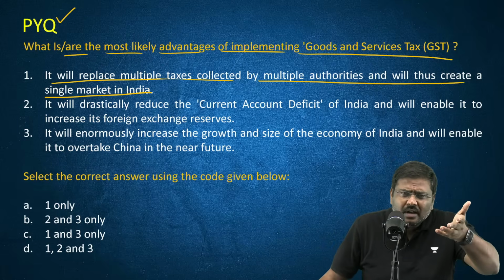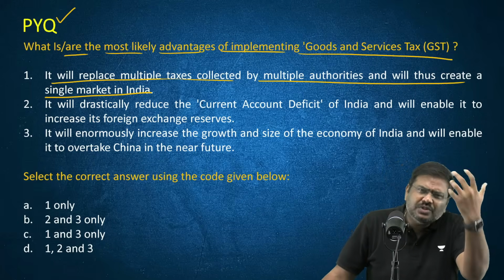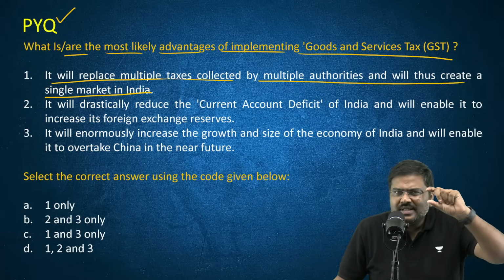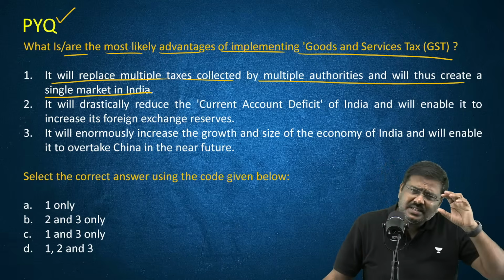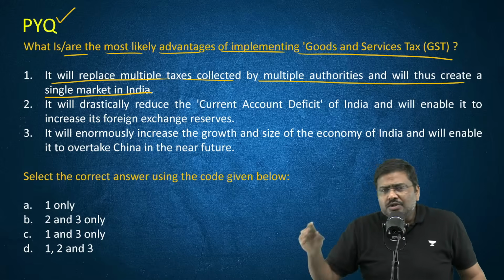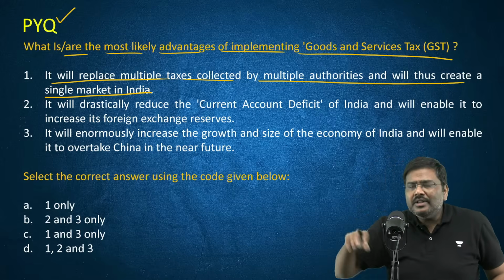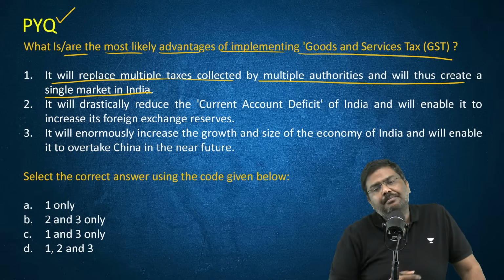That is true, by the way. For example, whatever GST rate is applicable to a product purchased in Uttar Pradesh is applicable for the same product when sold in Punjab, Assam, Karnataka or Bihar.